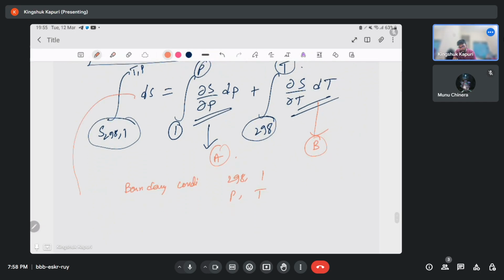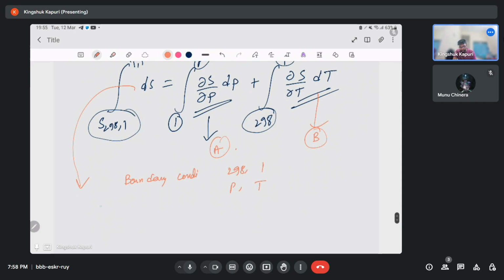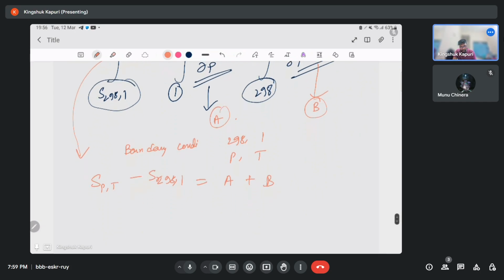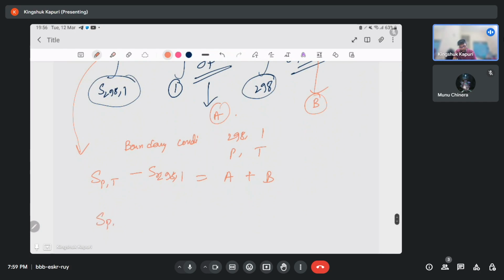So if we equate this term, it will be S(P, T) minus S(298, 1) equals A plus B. Now S(P, T) equals S(298, 1) plus A plus B.